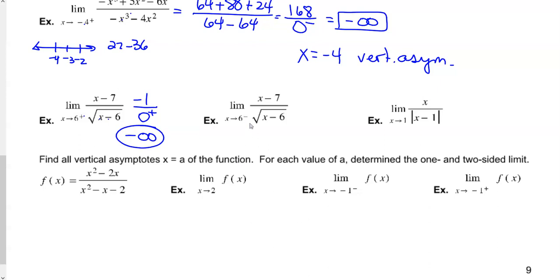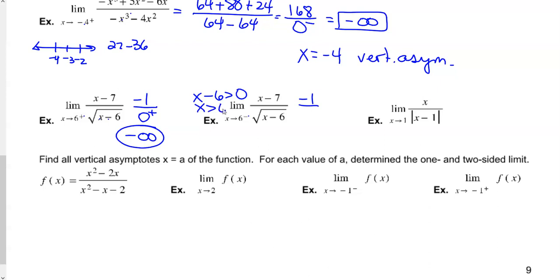But what happens when I go to the left of 6? I still get -1. And when I try to plug 5 in here, 5 minus 6 gives me a -1. But I can't take the square root of a -1. So actually, we can stop at this point. Because if you recall, what makes this valid for its domain means that x minus 6 has to be greater than 0. It can't be equal to 0 because we're in the bottom.